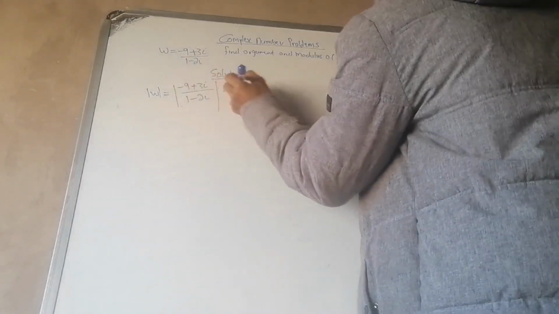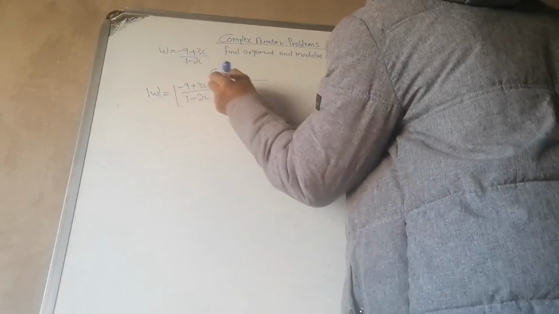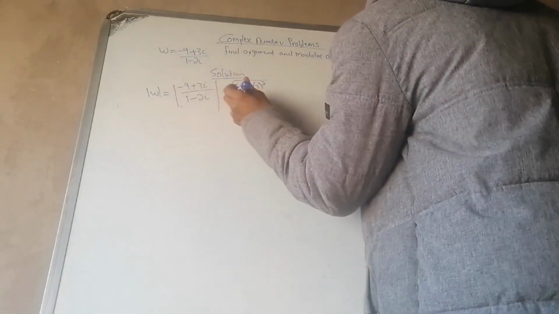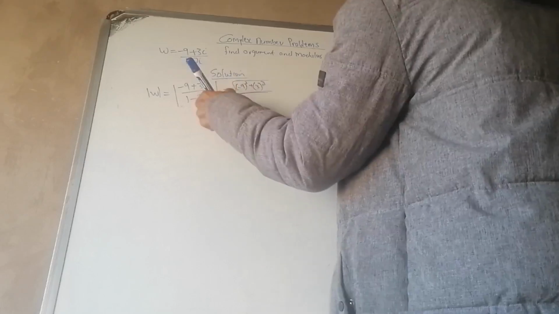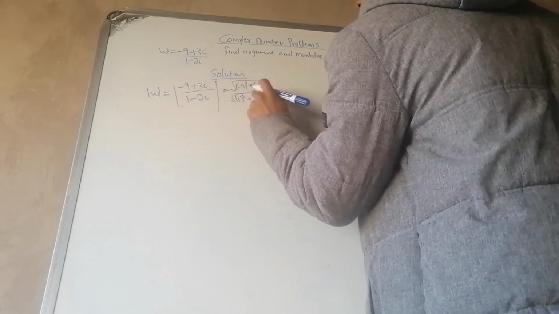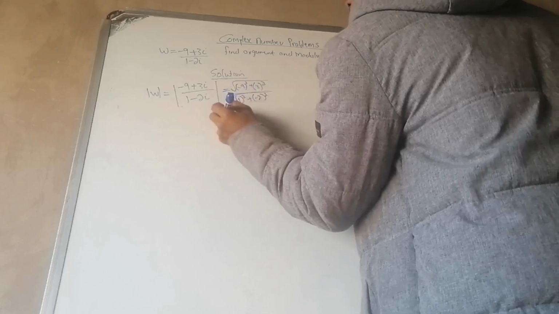So I'm going to take, because I'm looking for the modulus, I'm going to take the numerator and say the square root of minus 9 squared plus 3 squared. Divide, and do the very same thing on the denominator, the square root of 1 squared plus negative 2 squared.